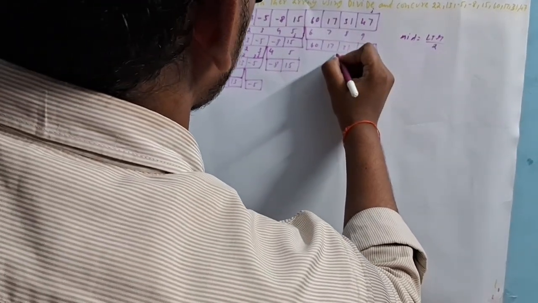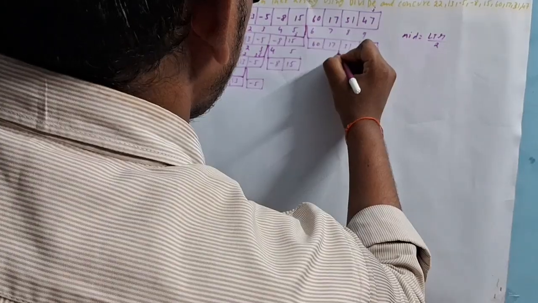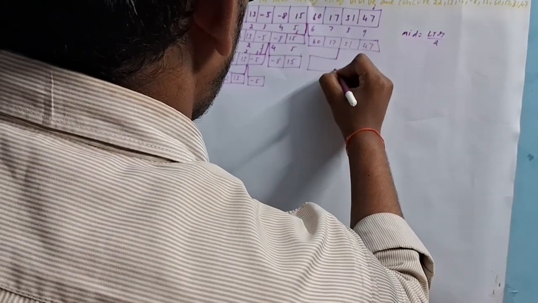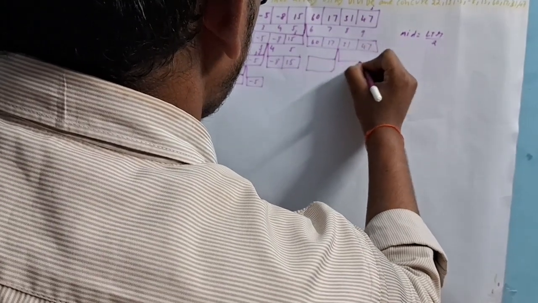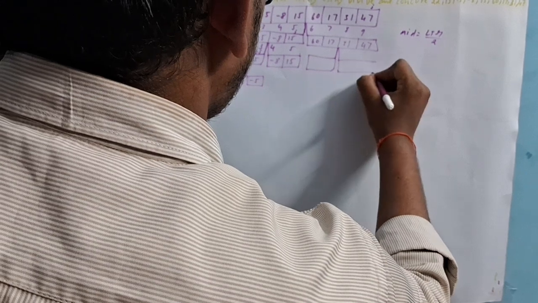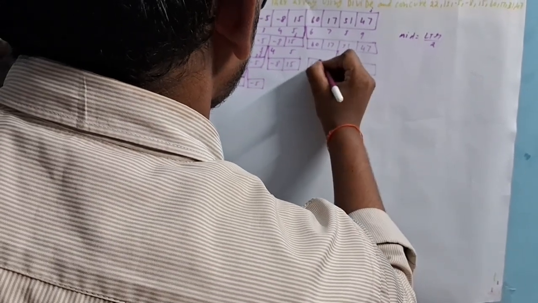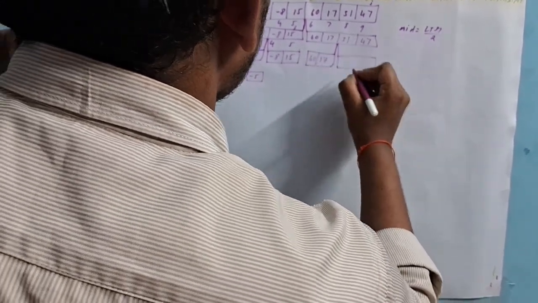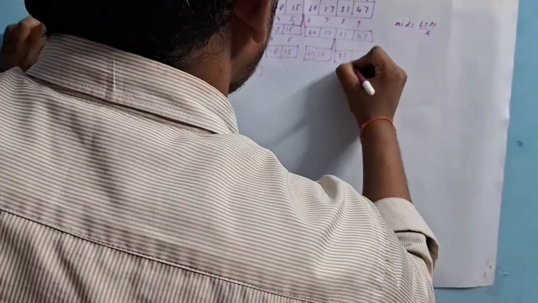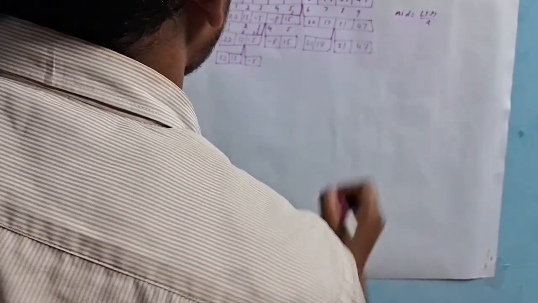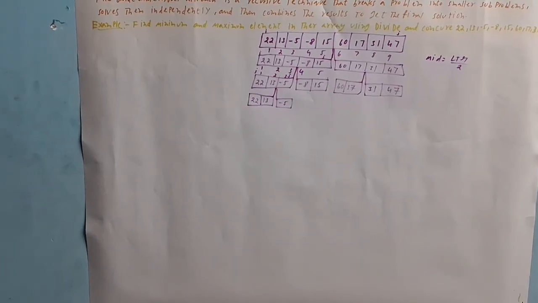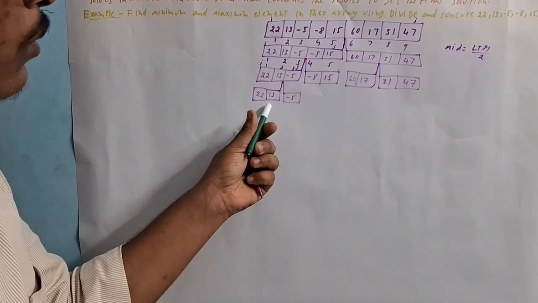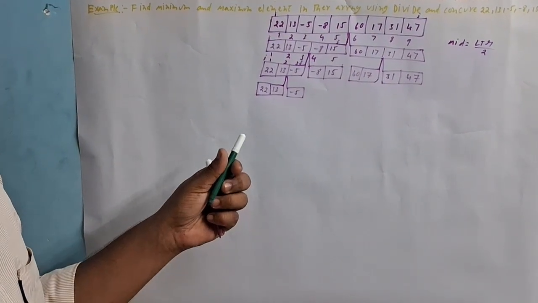Again we do the same for the right side, 60, 17, 31, 47. We keep dividing until we reach at least 1 or 2 elements, which is the end of the divide.